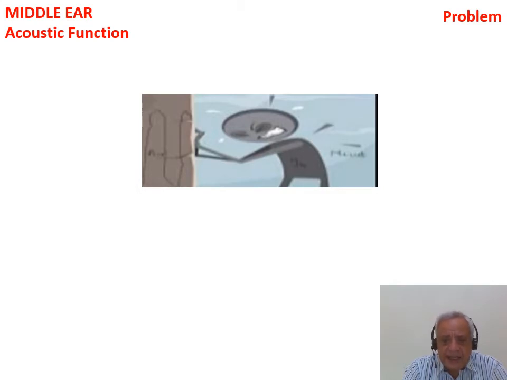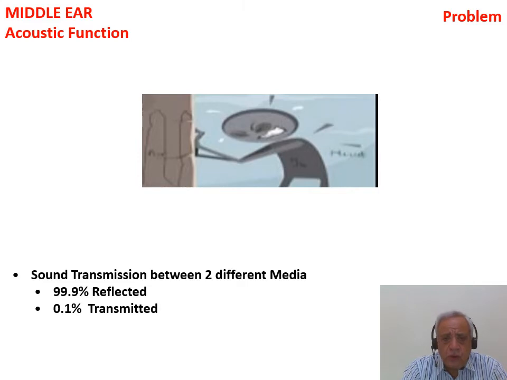Because the middle ear has air inside it, whereas in the inner ear, you remember, there is fluid. So we have air in the middle ear and fluid in the inner ear. Usually what happens is that 99% of sound will be reflected back, and only 1% or less will be transmitted to the inner ear. This problem is called impedance mismatching.